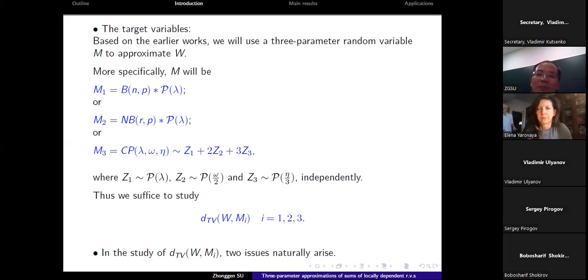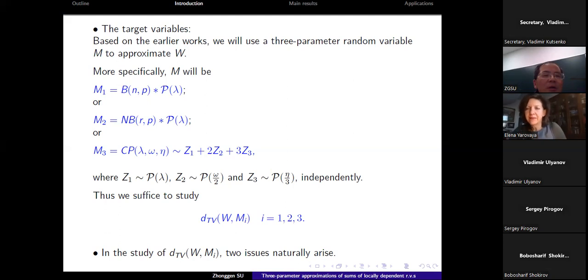Lambda is a tiny parameter. So we can adjust this term so that our approximation becomes better and better. So the major term is the first Bernoulli random variable.